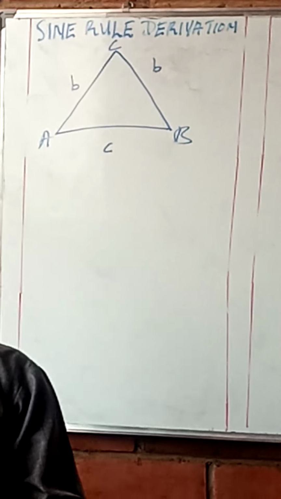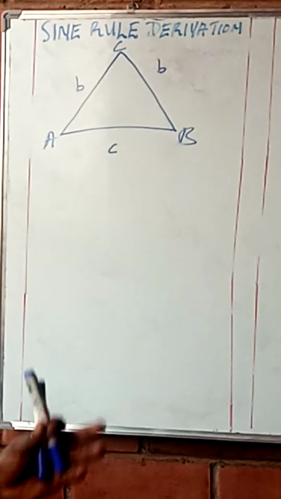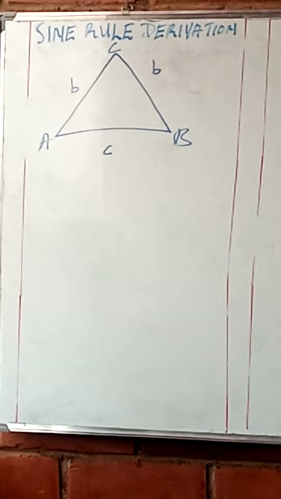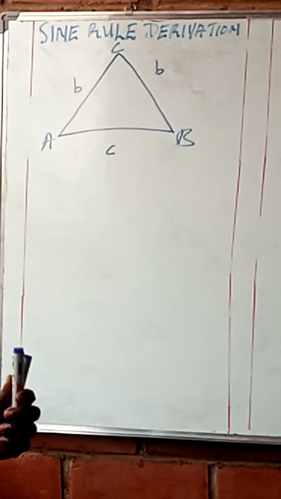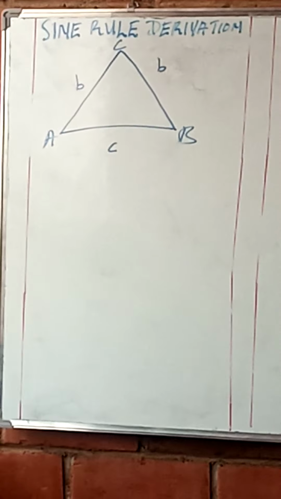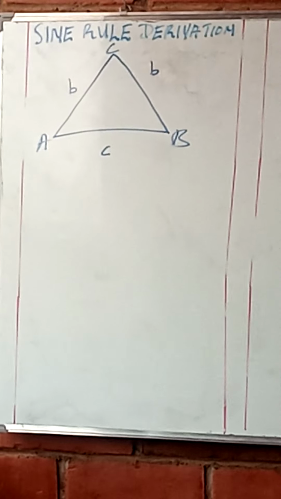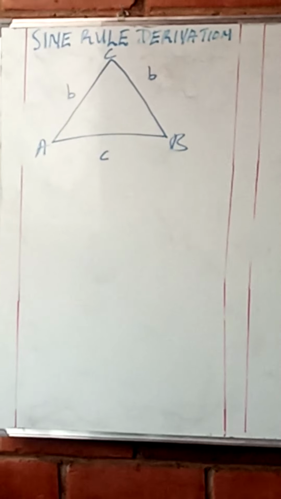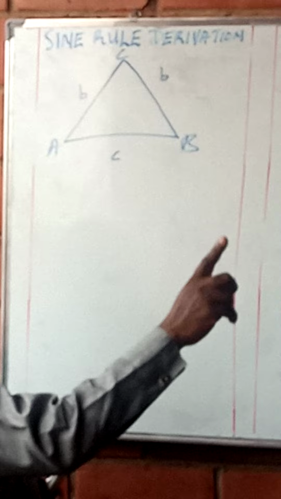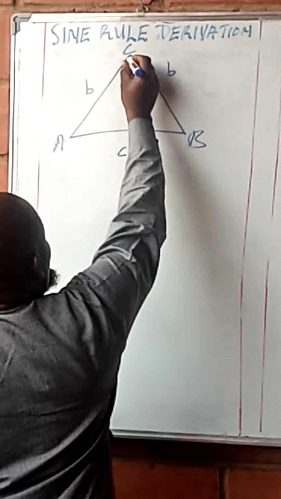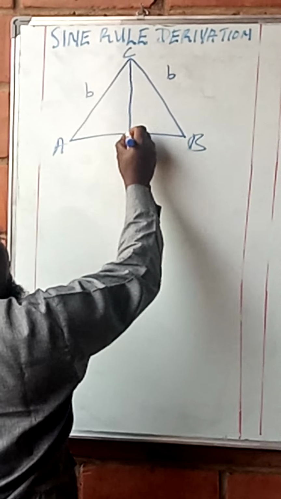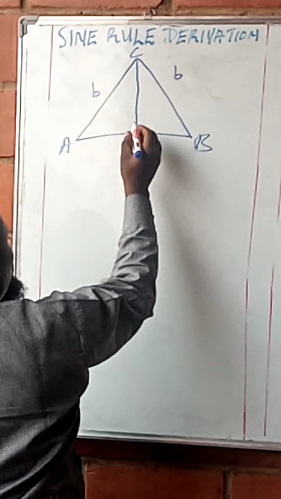This is not a right angle triangle, and your sine rule works for anything related to right angle triangles. So from there, you can have your height like this in 2 dimensions.